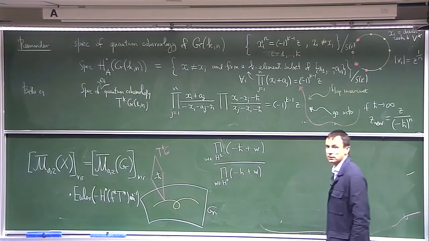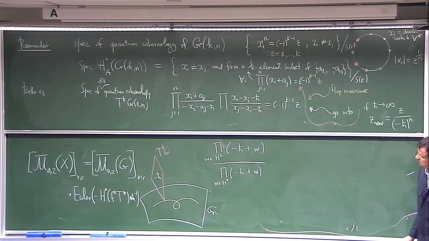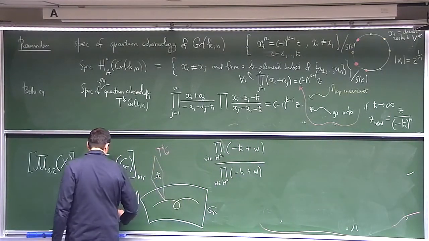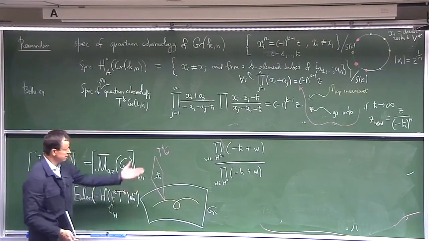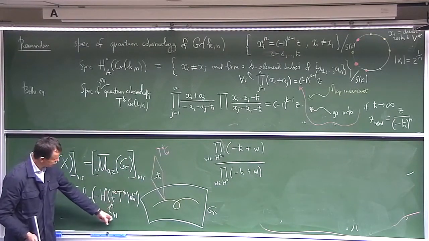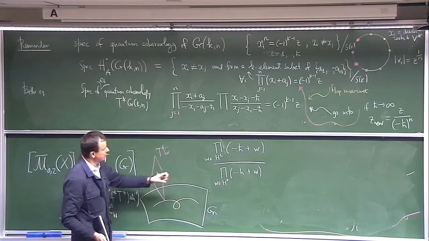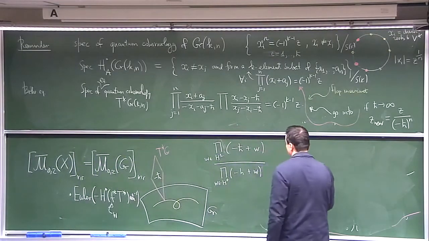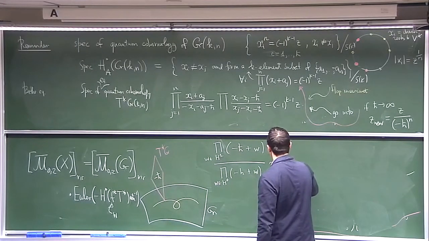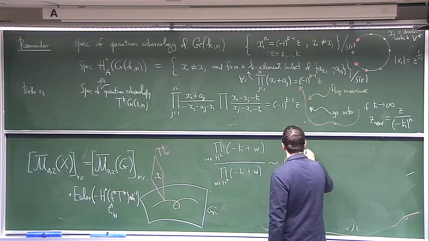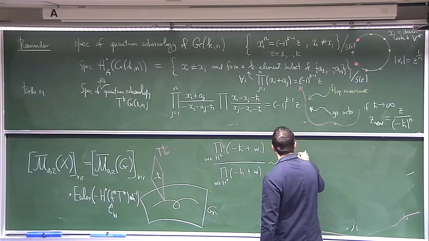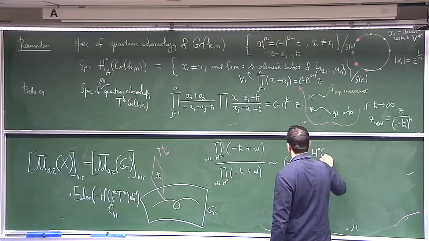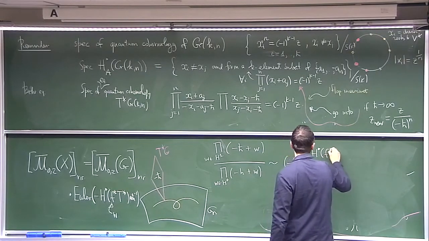So if this bundle has Chern roots w, then this Euler class will have this expression. And its behavior for large h bar is going to be asymptotic to minus h bar to the rank. So maybe minus the rank of the cohomology of the pullback of the cotangent bundle.